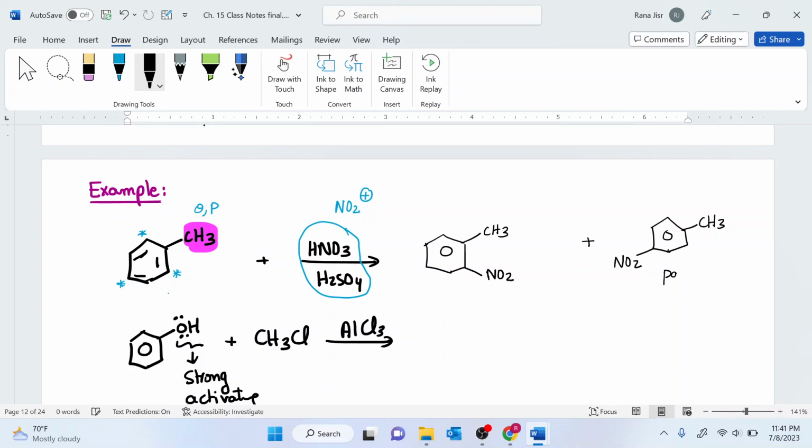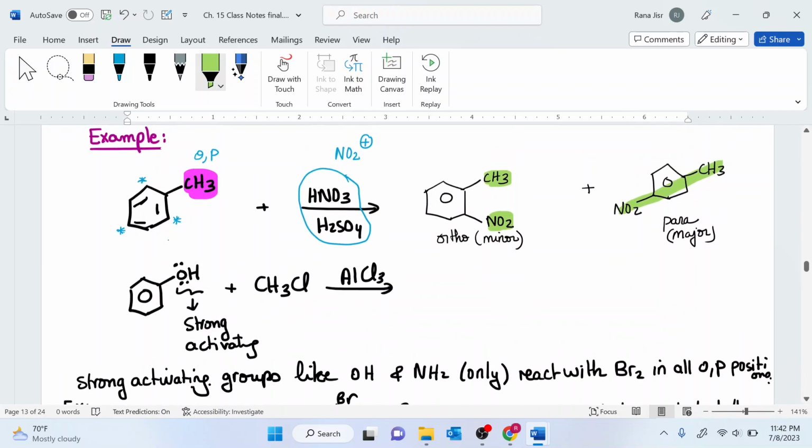Always the para product is going to be the major product, and the reason why it is major is because the groups are the farthest away from each other. The ortho product is going to be a minor product because of the closeness of the CH3 to the NO2.